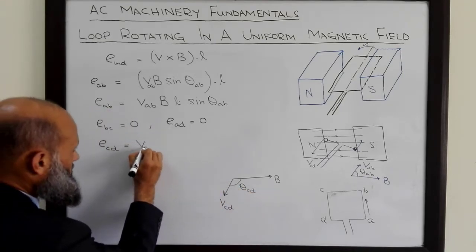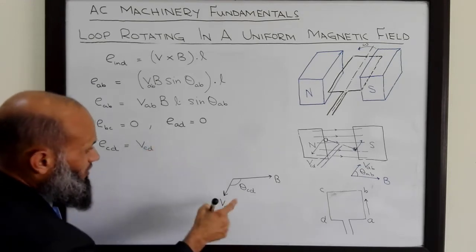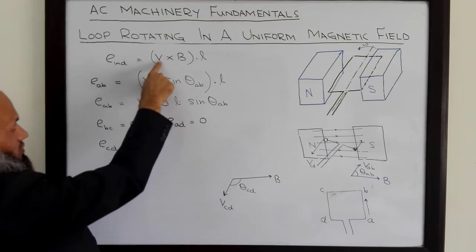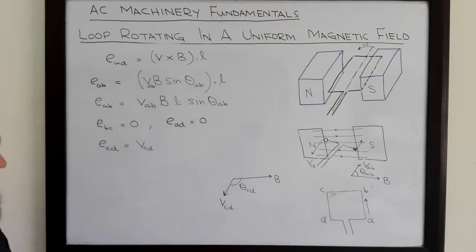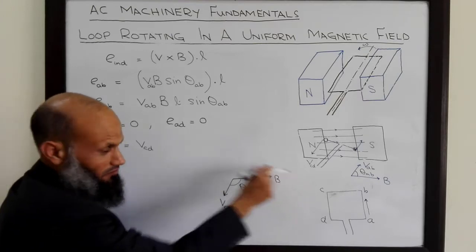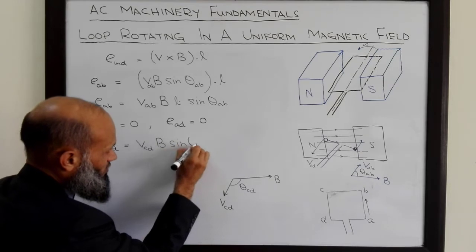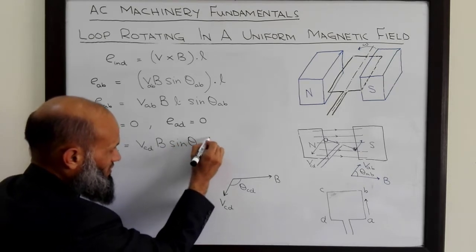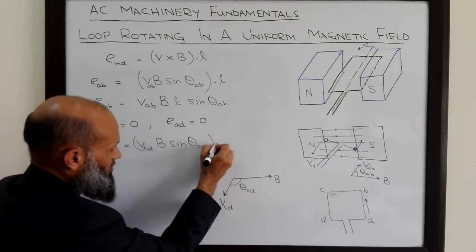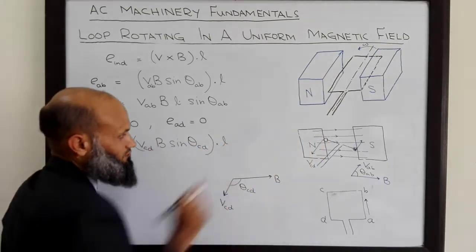So V_CD cross B is the magnitude of this vector multiplied by the magnitude of this vector into the sine of the angle between the two vectors, and then the dot product of this resultant vector with the length vector.